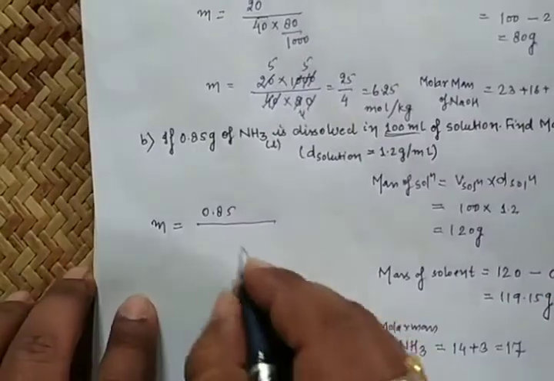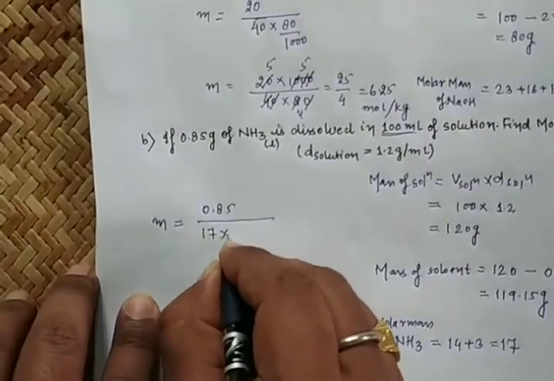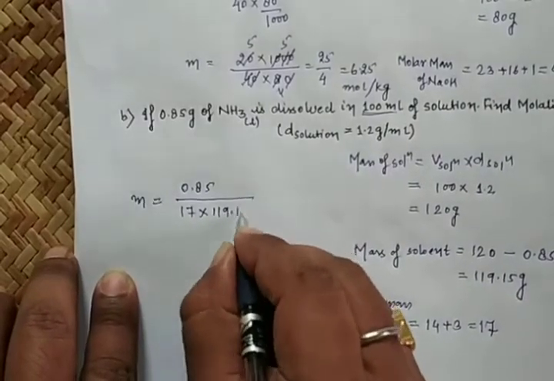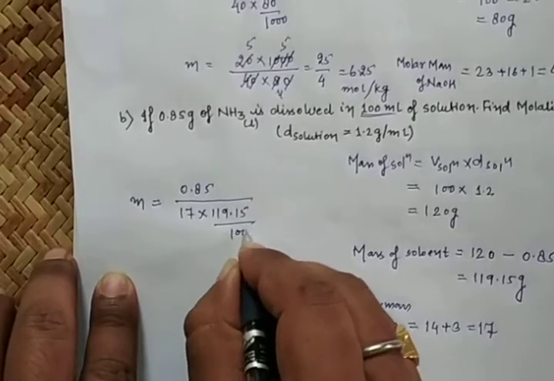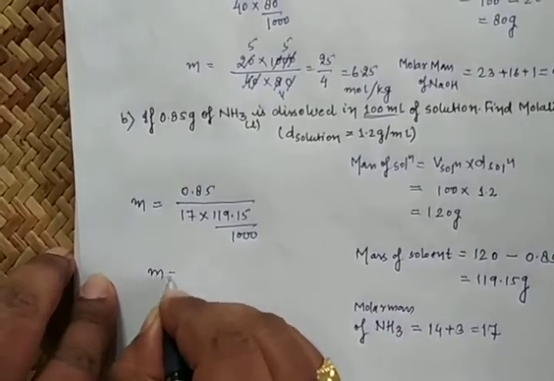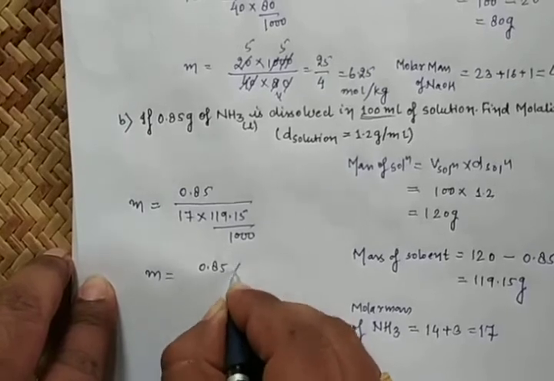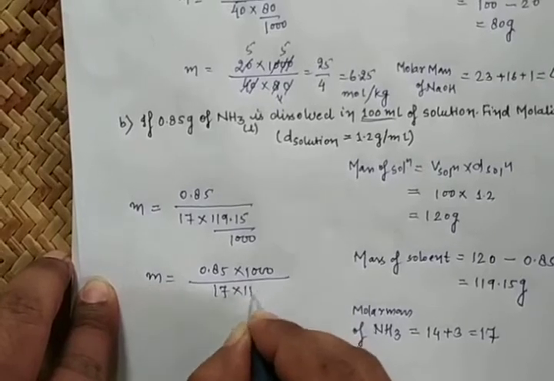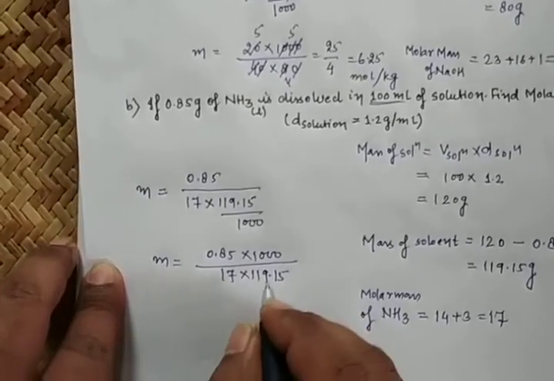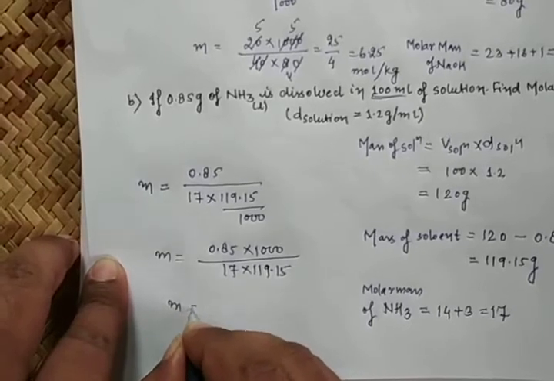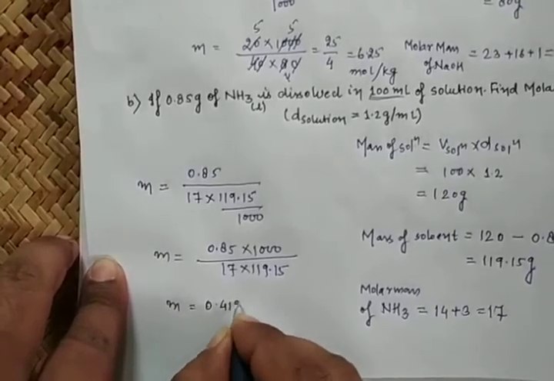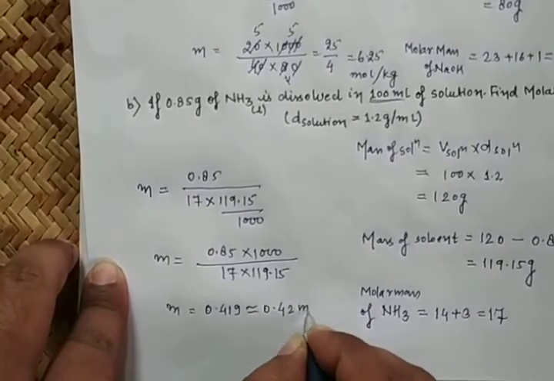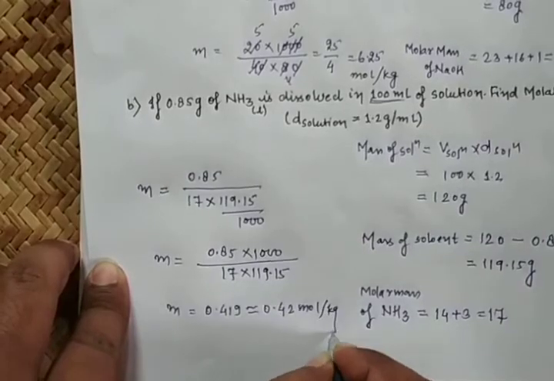So there is 0.85 divided by 17 into the weight of solvent, 119.15 divided by 1000, converted into kg. So molality is equal to 0.85 into 1000 upon 17 into 119.15. The answer is 0.419, approximately 0.42 mole per kg. Clear?